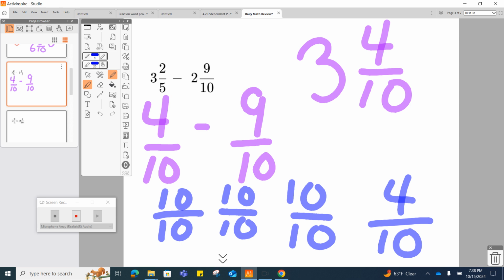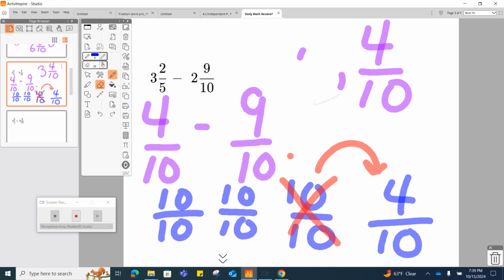So if we take away, I want to change my color here. If I take away this tenths and move it over here, I am left with, instead of 3 wholes, I have 2 wholes.